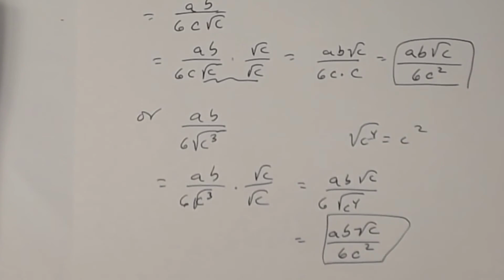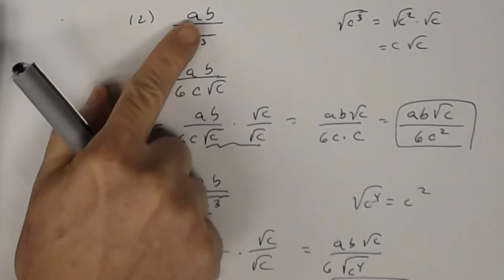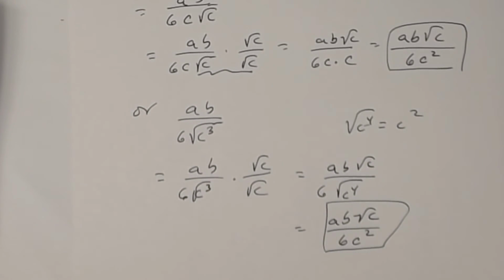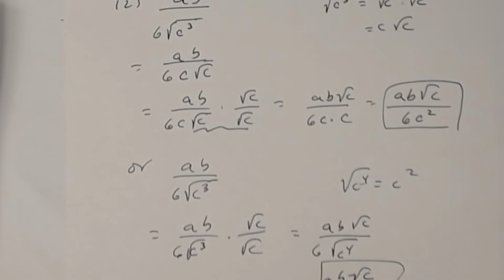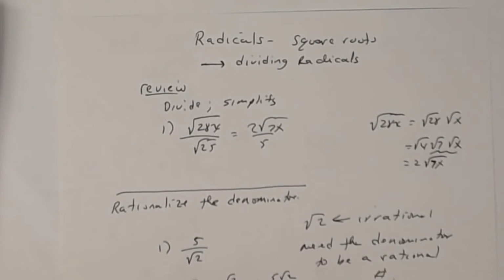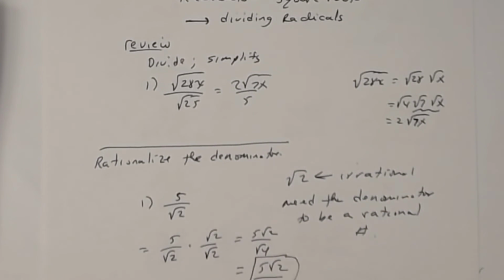Okay, so you see the different approaches, the different paths that you can take to get to that same answer. All right, and that's important to see. All right. Okay, so that is the lesson on dividing radicals by rationalizing the denominator.